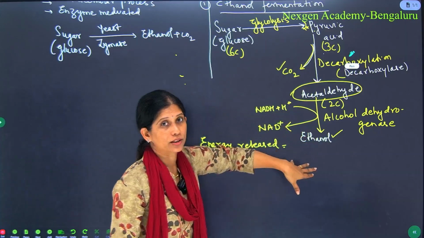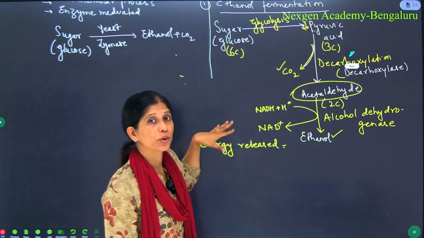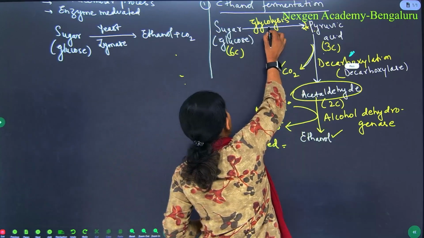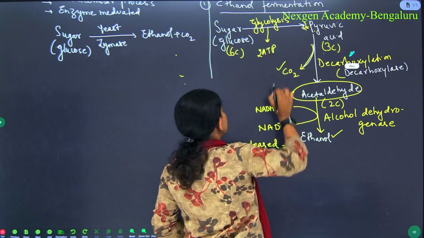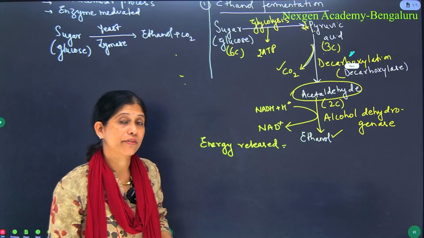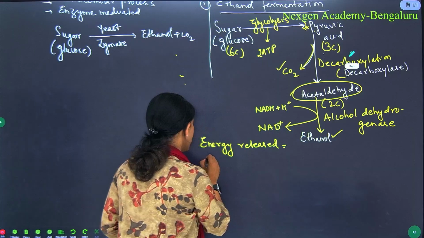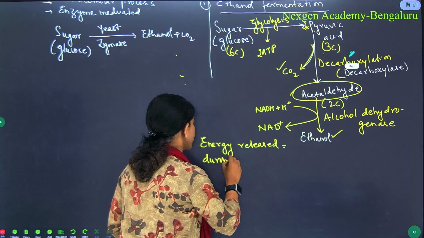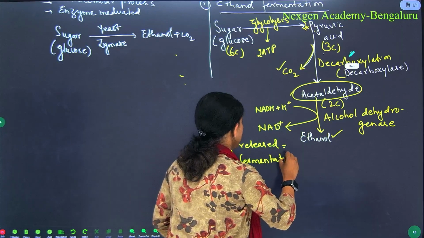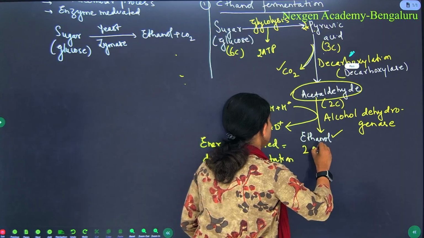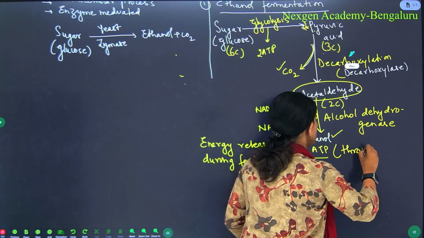So no energy equivalent, that is neither NADH nor ATP, is formed during the process from pyruvic acid to ethanol. So the only source of ATP generation during fermentation is glycolysis. From glycolysis, how many ATP did we discuss in the previous class? Only 2 ATP. So energy released during fermentation is only 2 ATPs, and that 2 ATP is also coming through which process?